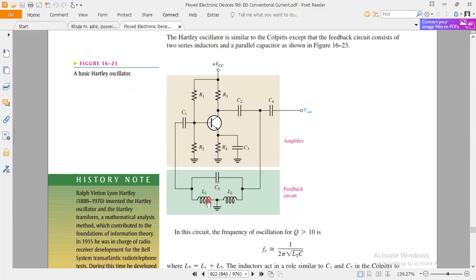The Hartley oscillator is similar to the Colpitts except that the feedback circuit consists of two series inductors and a parallel capacitor.